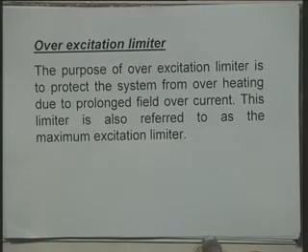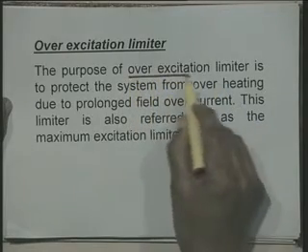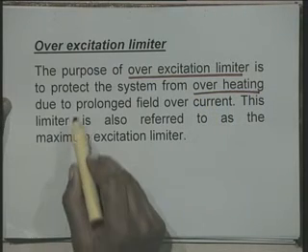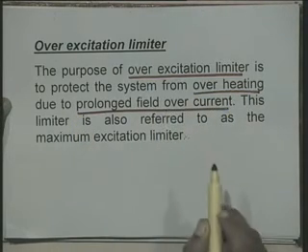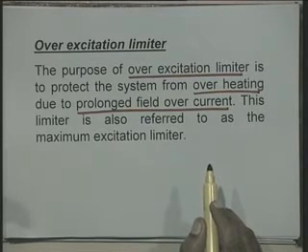The next limiter is the over excitation limiter. The purpose of over excitation limiter is to protect the system from overheating due to prolonged field overcurrent. In case the field current is more than the permissible or the rating of the synchronous generator, and if that current is more than the rated value for a prolonged time, then naturally because of overheating the field winding may get damaged.